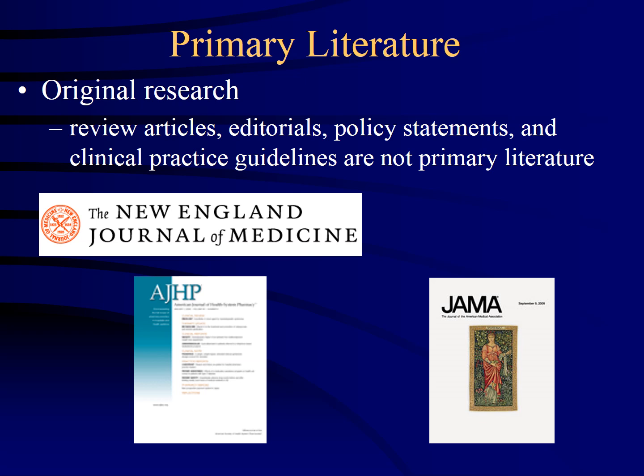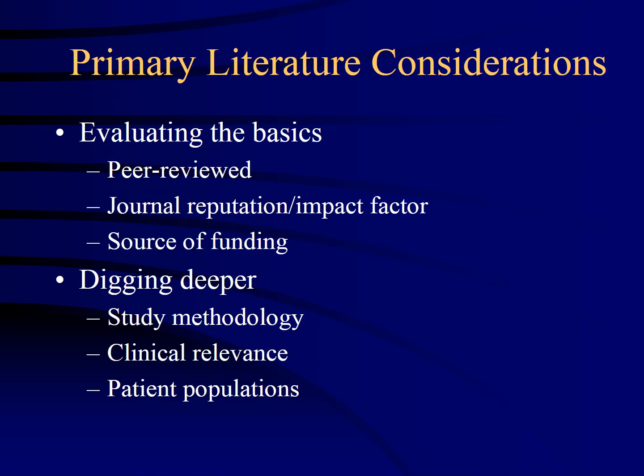These articles are published in biomedical journals, such as the Journal of the American Medical Association, JAMA, the New England Journal of Medicine, American Journal of Health System Pharmacy, and the Annals of Pharmacotherapy. However, journals contain more than just primary literature. Review articles, editorials, policy statements, and clinical practice guidelines are examples of published journal articles that are not considered primary literature.